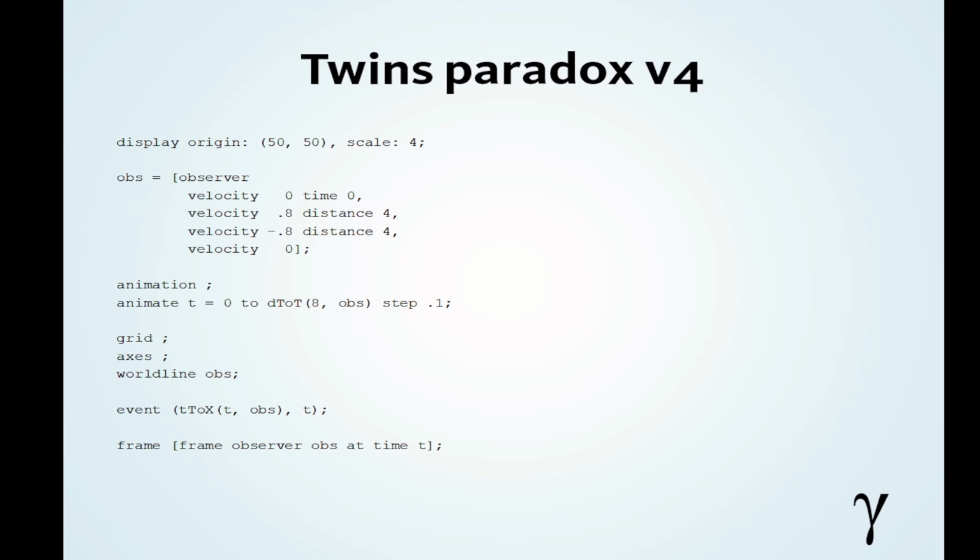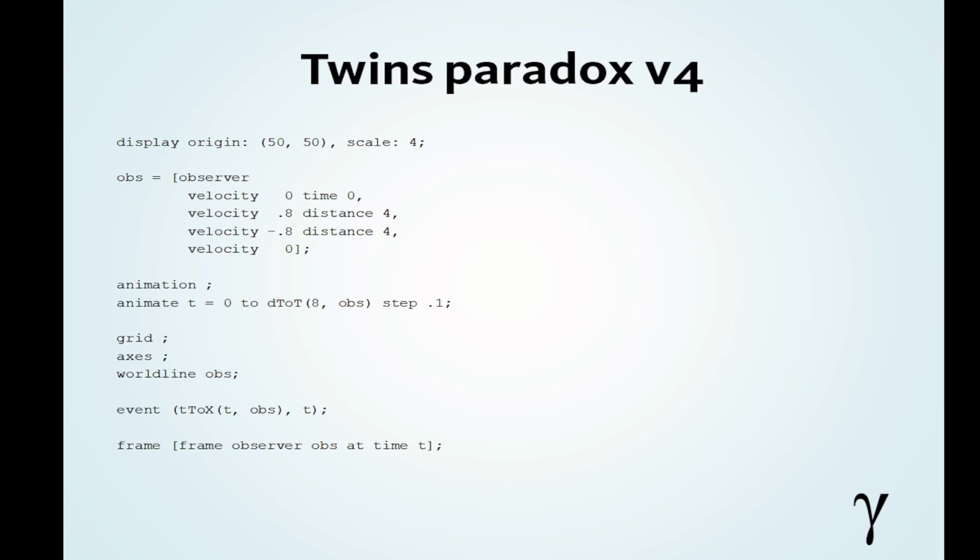And the final example, we'll change the scale a bit and the origin because we need a little bit more space here. Everything else is pretty much the same. The last statement added is the frame statement.